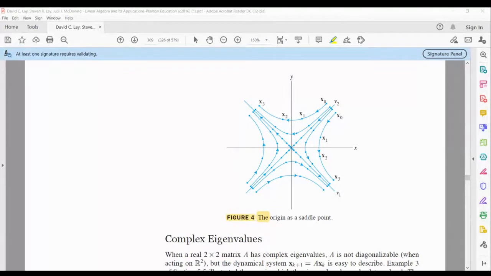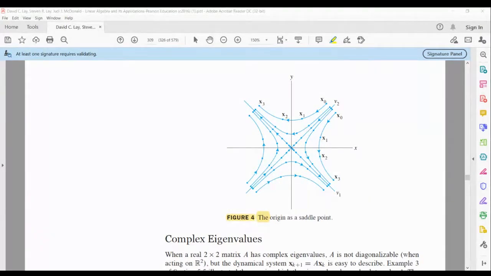to draw the trajectories, you use the basis of eigenvectors v1 and v2, where v1 was 1, negative 1, and v2 was 1, 1. You see there in figure 4 how the axes correspond to axes going through those two eigenvectors, v1 and v2.